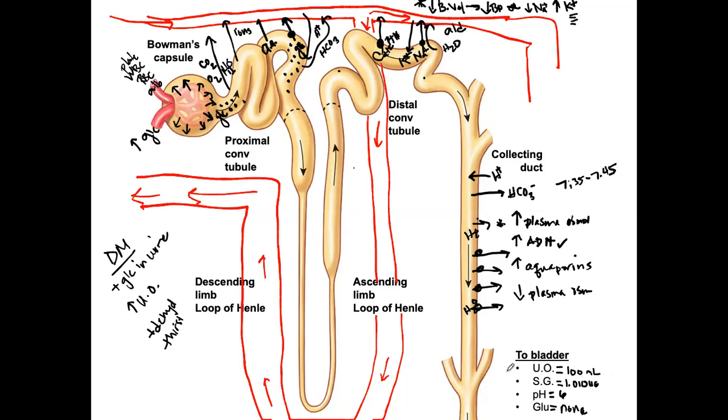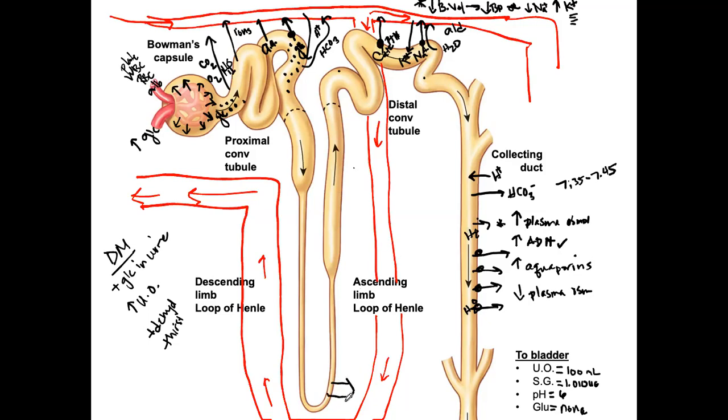Oh, let's talk about the loop of Henle. Okay, so the loop of Henle is really interesting. It's called a countercurrent mechanism. So what ends up happening, the short version, is that we are going to reabsorb sodium. We reabsorb a lot of sodium down here. So I'm going to make a big arrow.